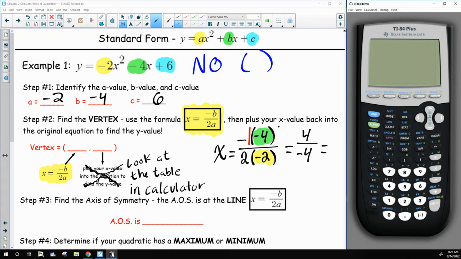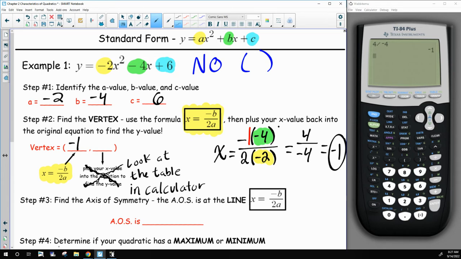Does anyone know 4 divided by negative 4? Just to show you, to put in a fraction, you just type it in with division. And then, yep, it is in fact negative 1. This is just your x value. Oh, to reset your calculator is second plus 712. Second plus 712. So our vertex x value is negative 1.